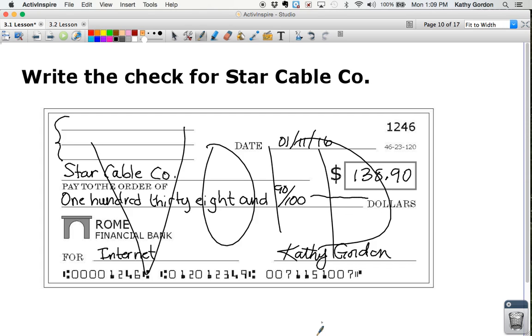And then on your check register, you also want to record that this number check ended up being a void. So there's no money amount to it, but you're just recording the fact that that number was voided. So when you go back 3 weeks later and you're trying to do your reconciling and you're going through your check numbers and you're like, wait a second, where's 1246? Did I forget to write that down?